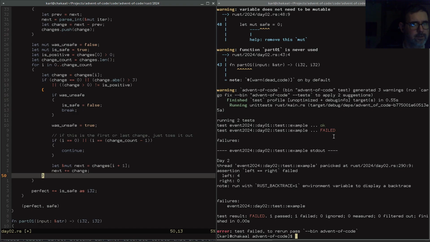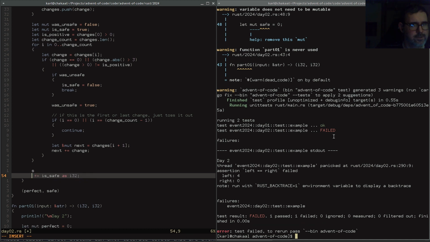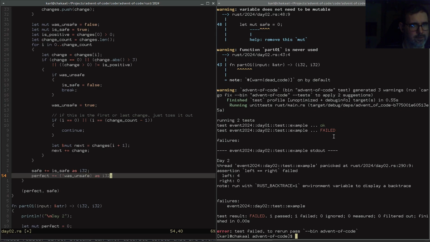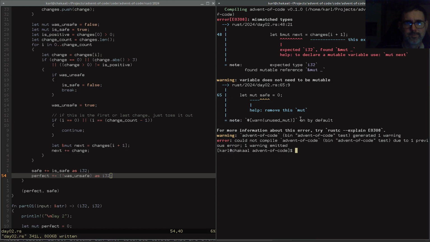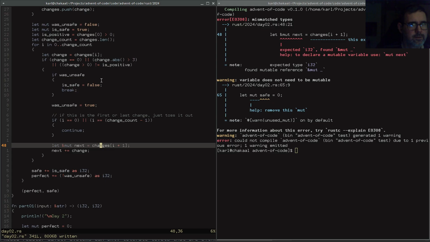So now down here, this is actually going to be safe, but perfect plus equals, well, I don't know. Okay, so what's wrong with that?